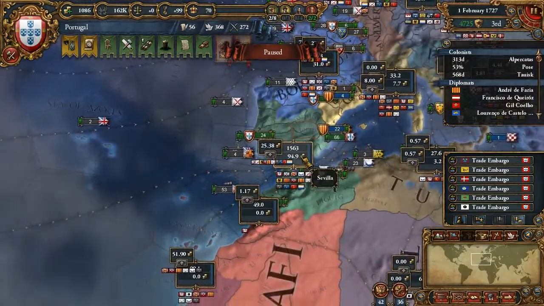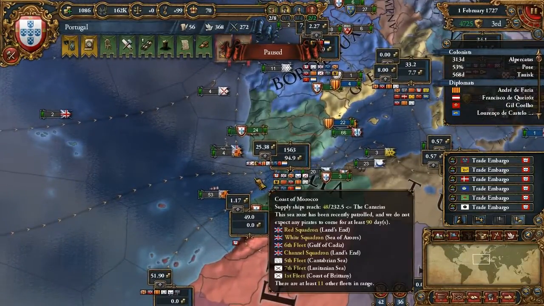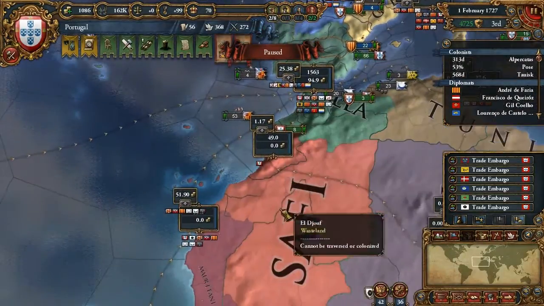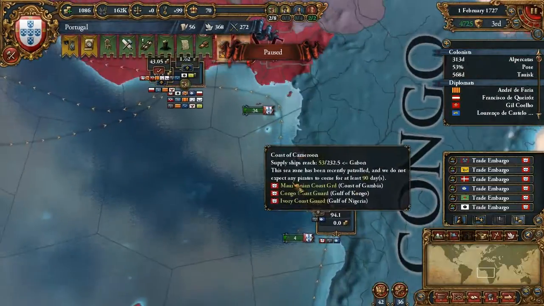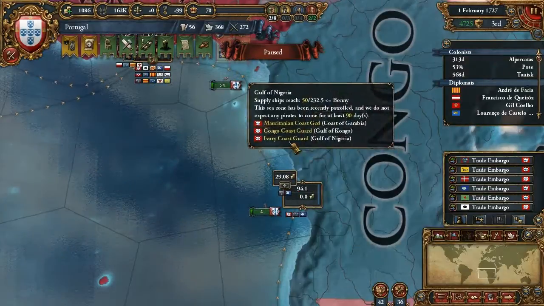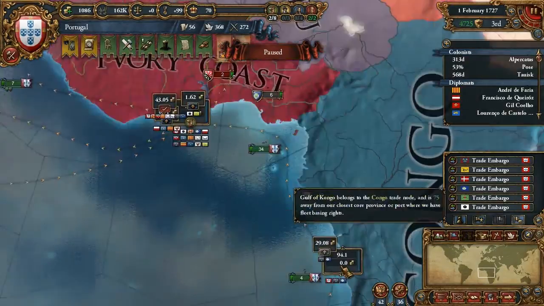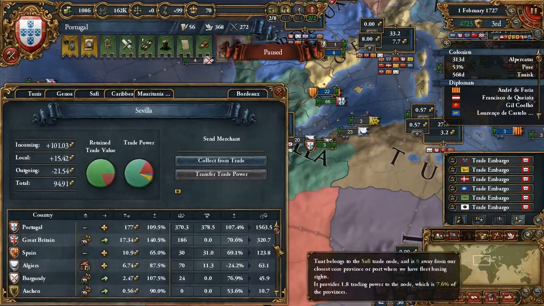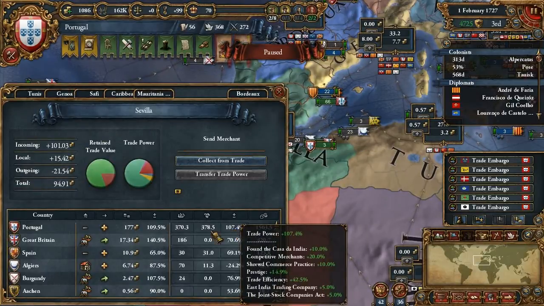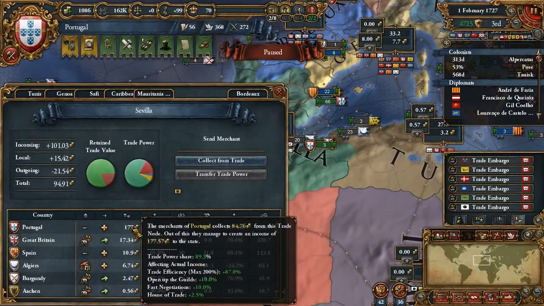So you don't even have to collect in your capital always, and if you just use your merchants at key points along the trade path and make sure that the money does not get collected anywhere along the way, you can collect massive amounts of money in your capital. And this being your capital also gives you extra, I think, 10% income.